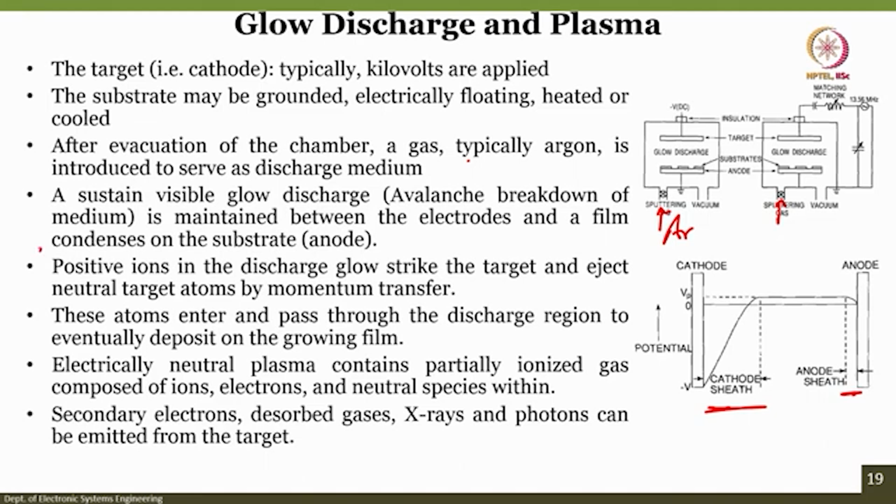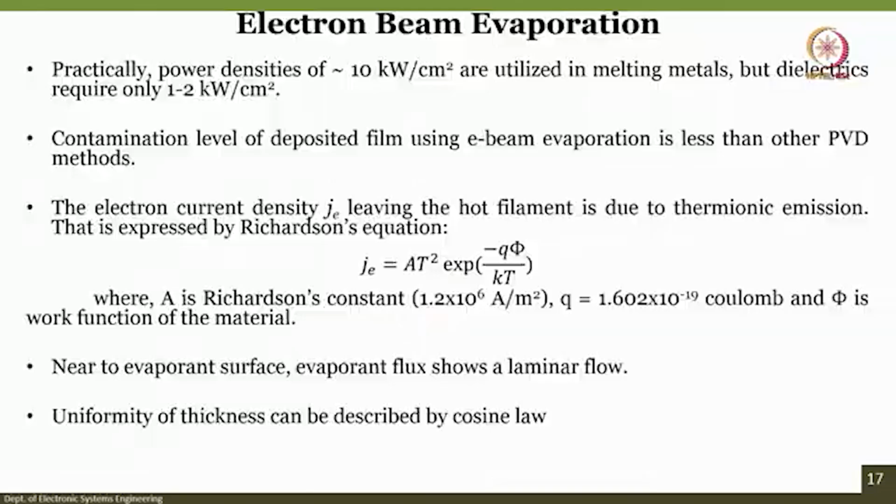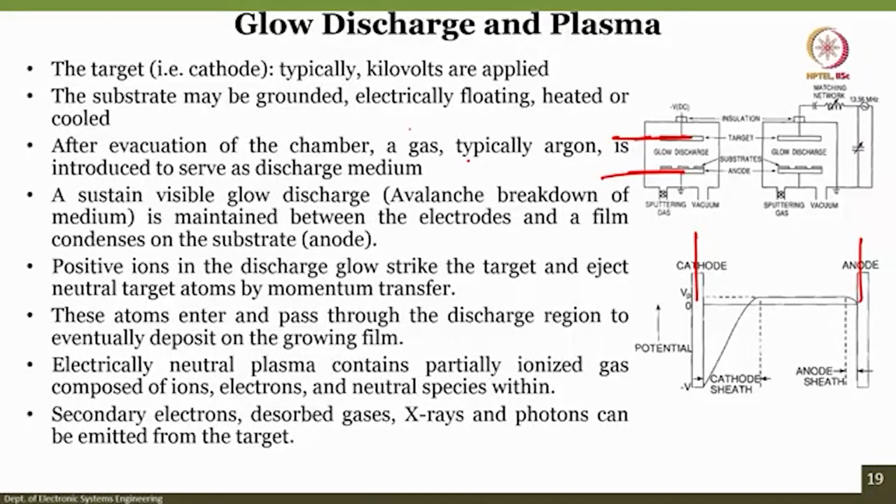Now, what exactly do all these things that I have read mean? First thing to understand is that between the cathode and anode, between this one and this one, we apply some kilovolts of power.